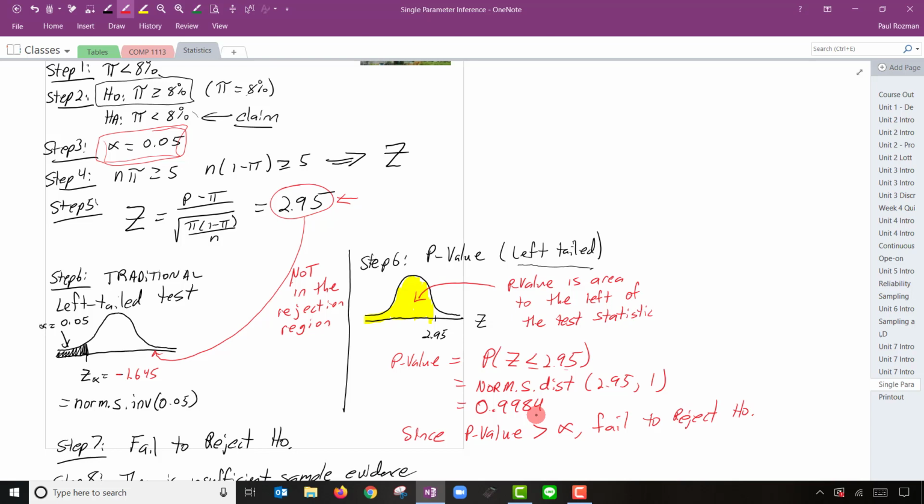Go back to the drawing board, do your experiment again, do a larger sample size, and hope that the next time you end up with a p-value that's further away from 5%.